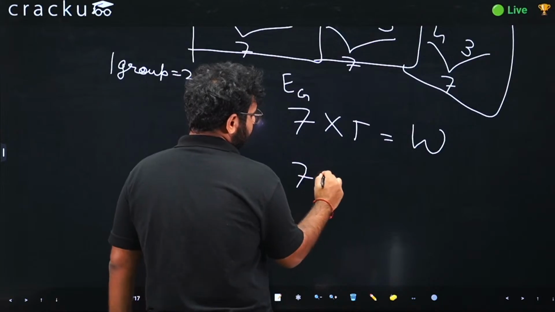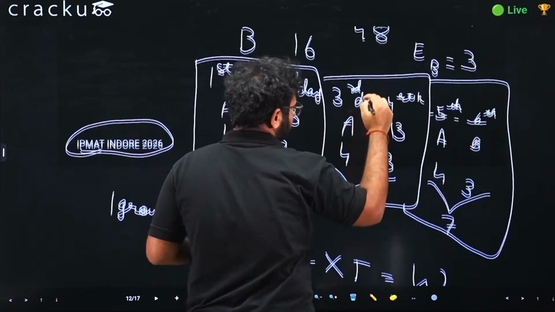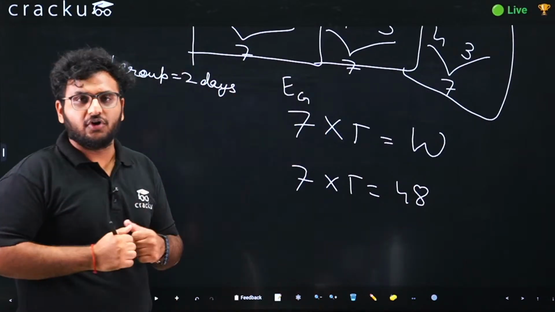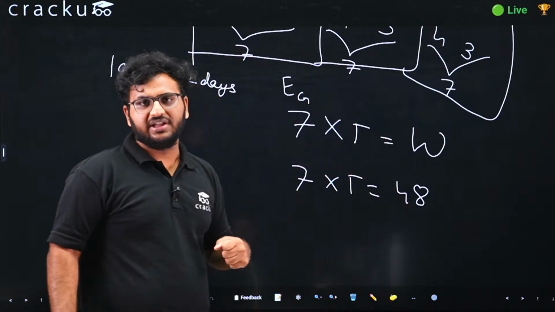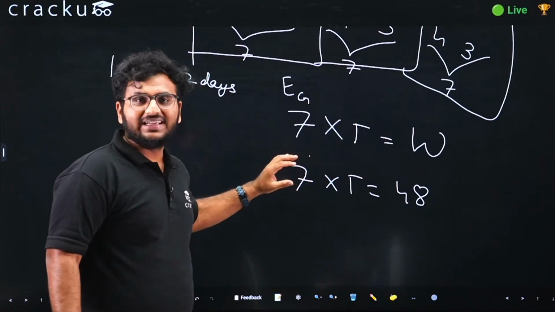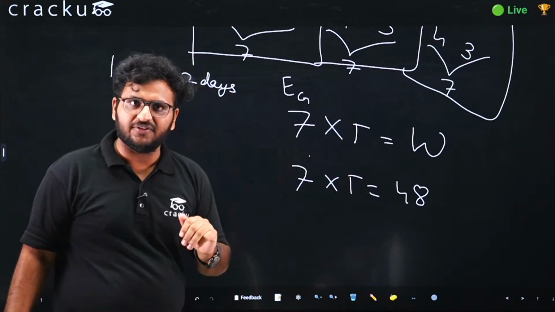So 7 into time is equal to the total work, which is 48. Now, the highest multiple of 7 which is less than 48 is 42, since 7 sixes are 42.